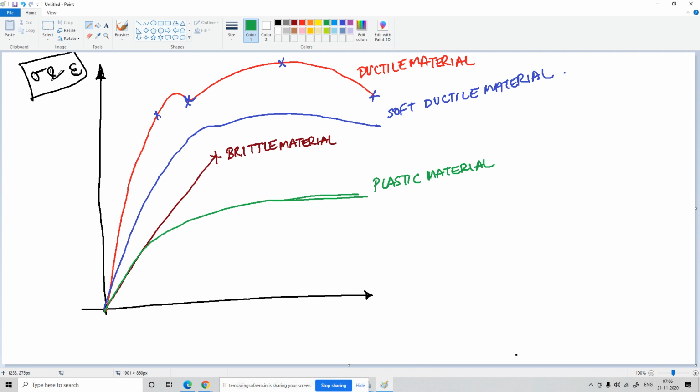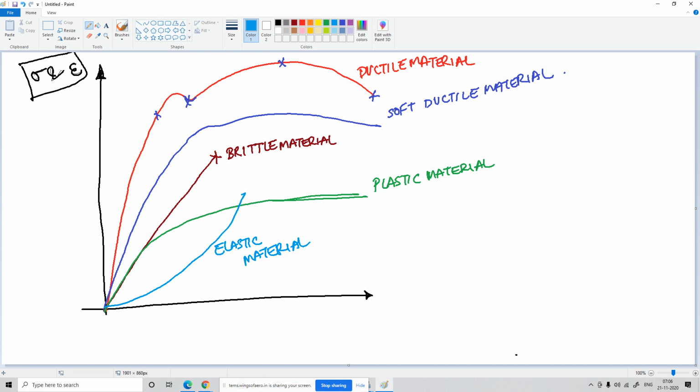Next one is an elastic material, like rubber. It will look something like this, an opposite curve, so it will be the elastic material.